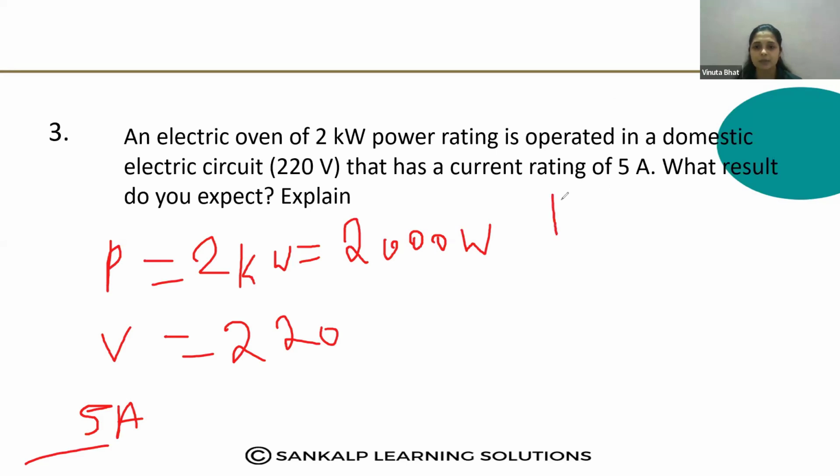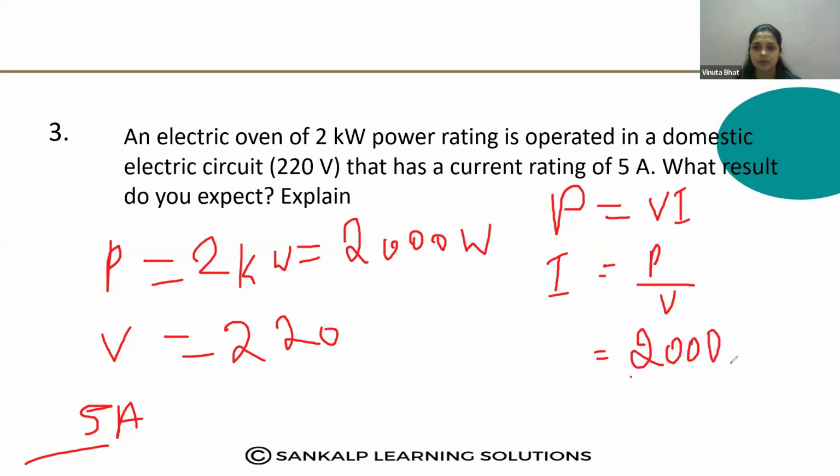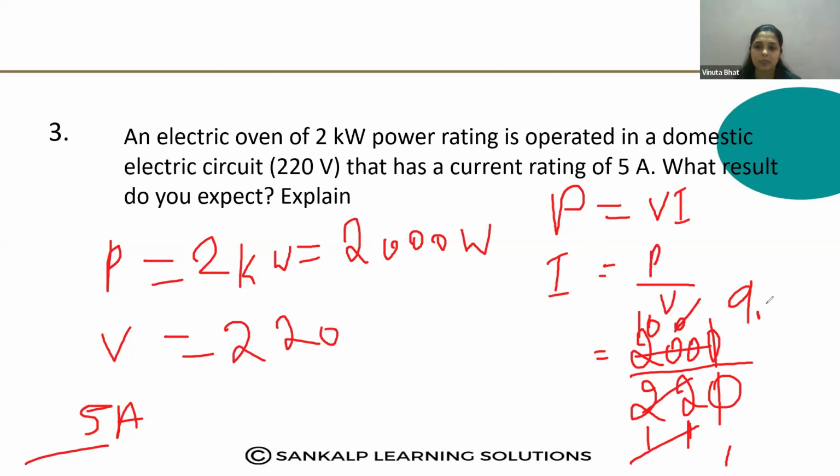But let us check the current flowing in this circuit. P equals V times I, so I equals P divided by V. Here P is 2000 watt divided by 220. The zeros cancel, 200 divided by 22 gives 9.09 ampere.